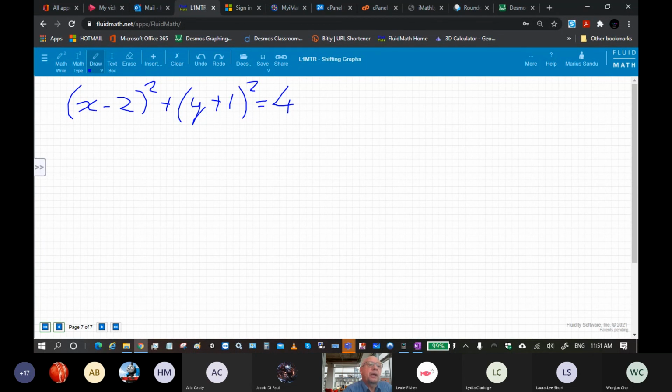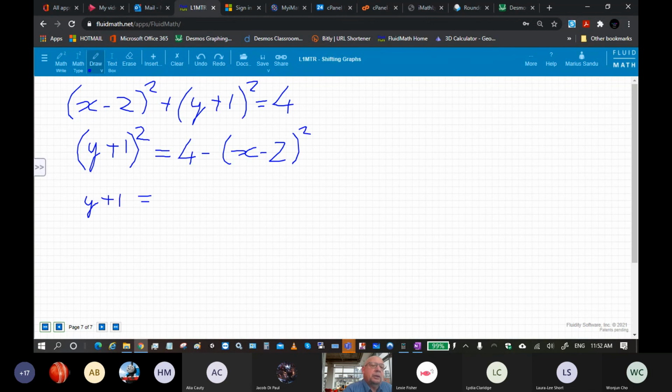So I've got y plus 1 squared is going to be equal to 4 minus x minus 2 squared. Therefore, y plus 1 is going to be equal to what?